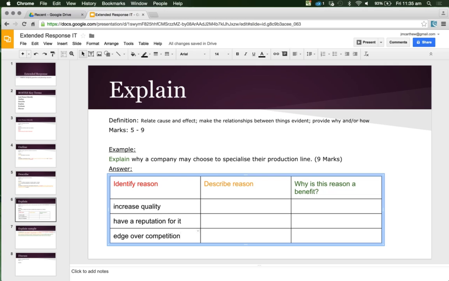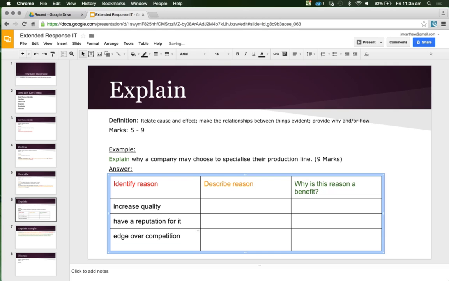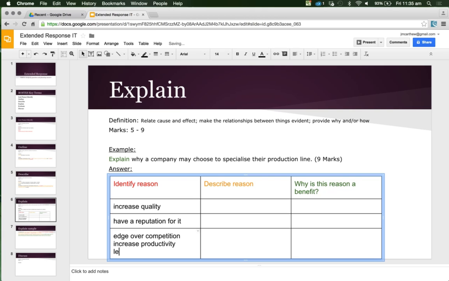Excellent. I'll just put it in here. What's that? You have done it? Sure. Yes, okay, we'll stop there because it's a good example. Okay, so we've got quite a few here.